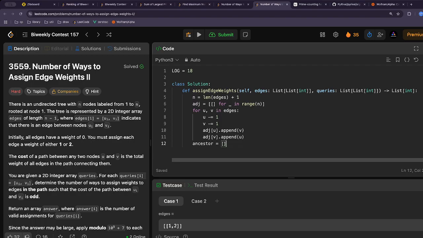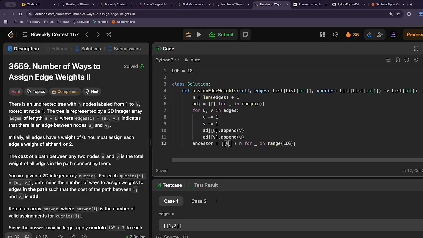And so here we're going to create this table, and we're going to assign 0 initially. We want the root, which is the node 0, to have ancestor with k0, which means that the parent is going to be itself, right?